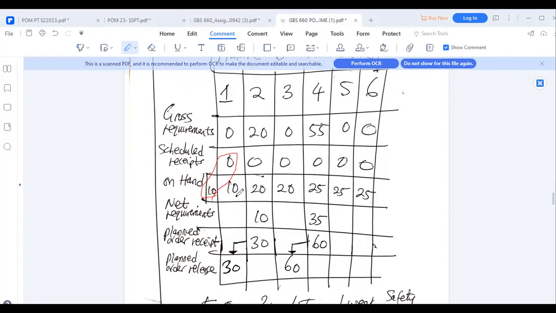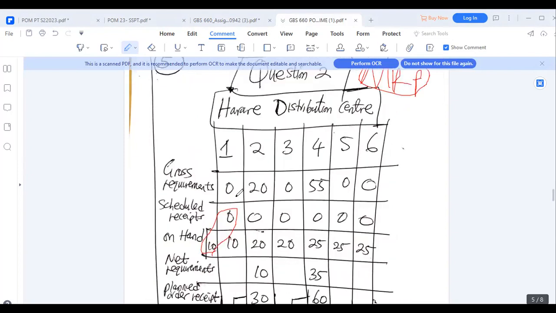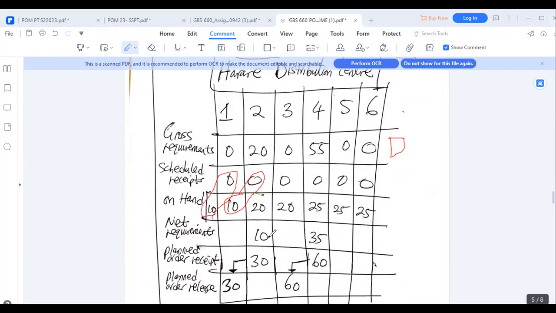That is a physical stock. Then in week 2, we have our demand, which is the gross requirement, the same as demand. So it's 10 units, plus 0 to meet the demand of 20. There is a shortage of 10 units, which is the net requirements. So net requirements are shortage units required to meet demand.